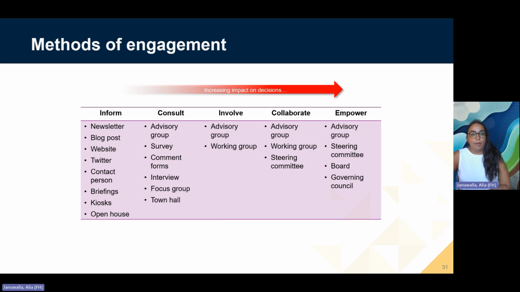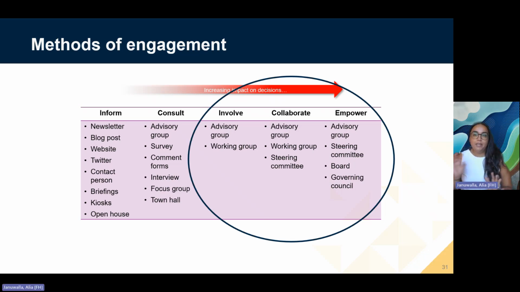Involving, collaborating, and empowering are usually when you might be engaging in forms of decision making that have slightly more of an increasing impact. And so these forms might look like things like an advisory group, a working group, a steering committee, a governing council.